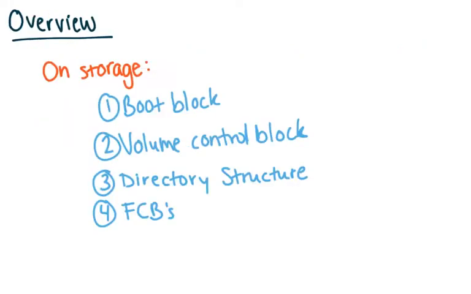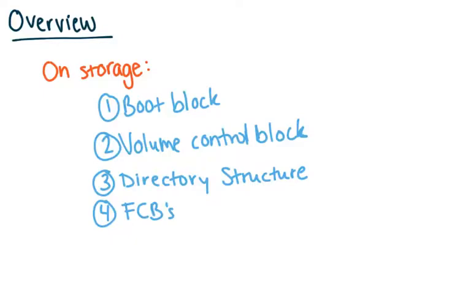So on storage, you're going to have your boot block. This is going to tell the OS actually how to load in your file system. And then the volume control block, there's one per volume, and it's basically a bunch of metadata. So it has metadata on number of blocks that are used, and so on and so forth.